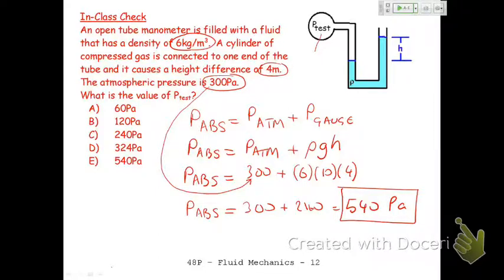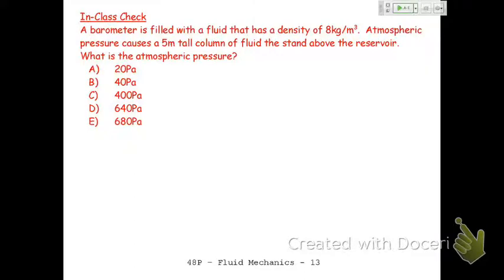Next: a barometer is filled with a fluid that has a density of that. Atmospheric pressure causes a 5-meter tall column of fluid to stand above the reservoir. What's the atmospheric pressure? I'd like you to have a go at that, please.